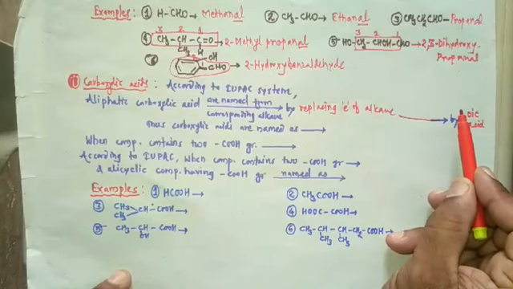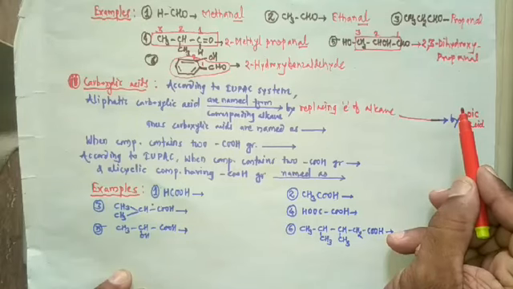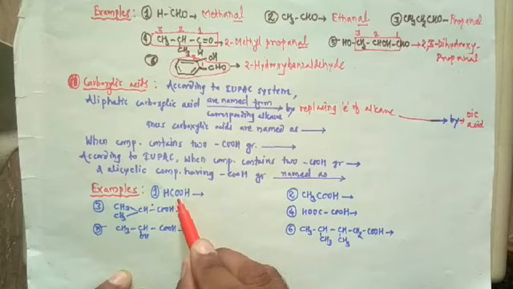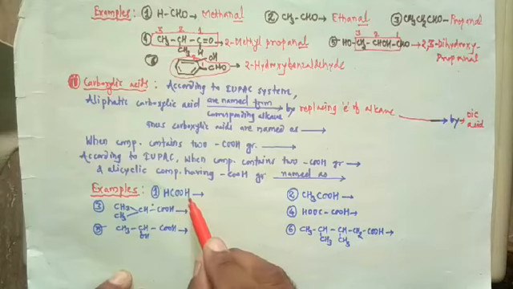So take one example. For example, the first member of the carboxylic acids is HCOOH.